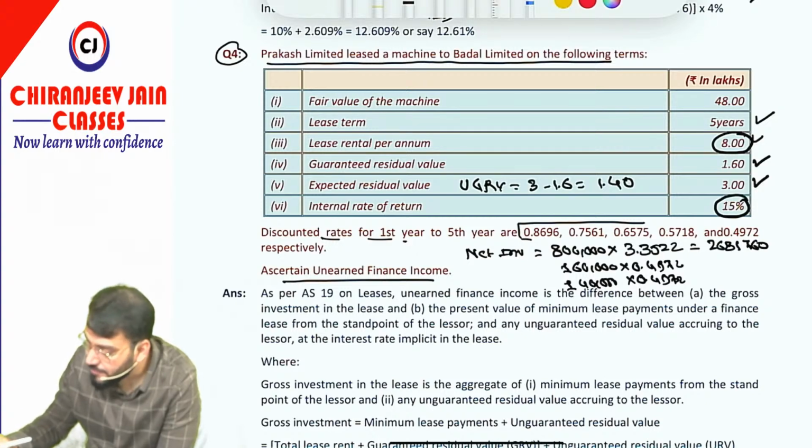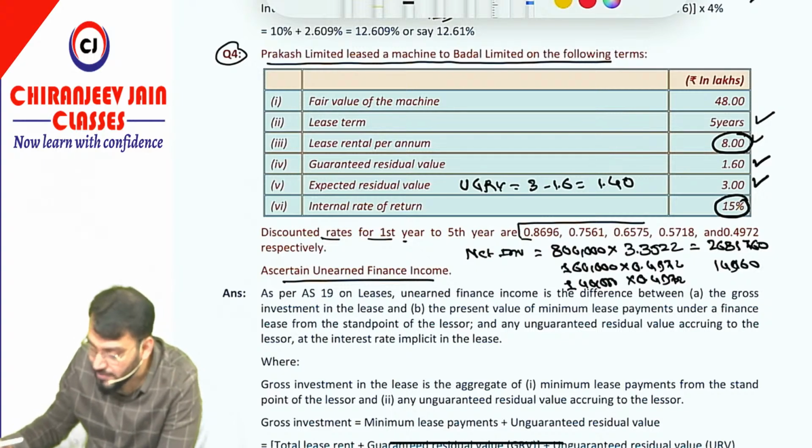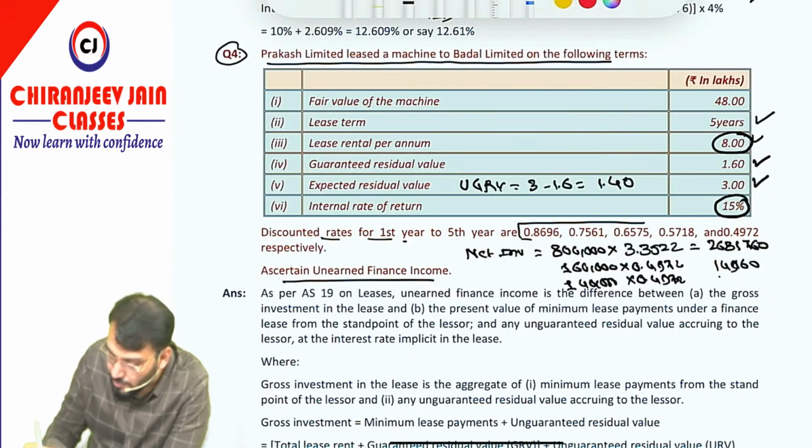This is 3 lakh total, 3 lakh into 0.4972. This is coming 1,49,160. Plus कर दो 26 lakh 81,760. So this will come 28 lakh 30,920.